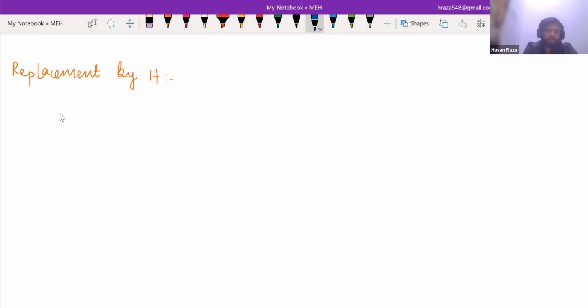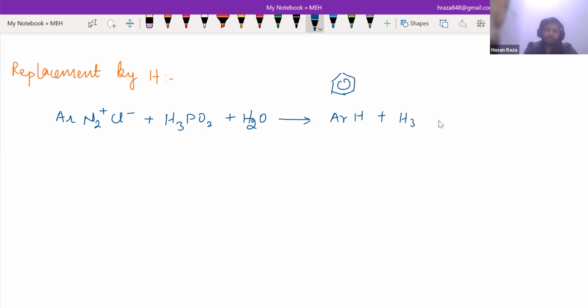First you need to take ArN2+Cl-, this is your benzene diazonium chloride. You are going to use H3PO2, which is a mild reducing agent, in the presence of water. Then you will be getting ArH, that means basically benzene, and this will be converted into H3PO3, and this is your HCl.